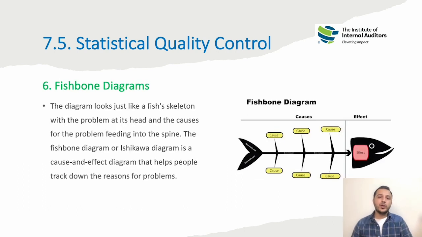The other famous way of displaying the statistical data for quality control is to see what the effects are, what the causes are, and what the issues are that lead to that thing happening. For example, if there was a fire hazard within the company, there might be certain causes that lead to a fire hazard and eventually shutdown of the premises.